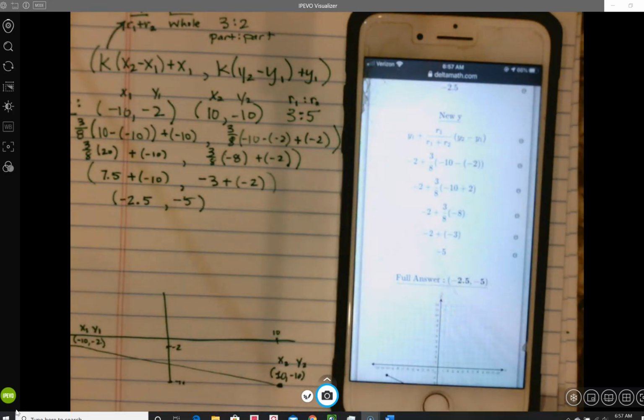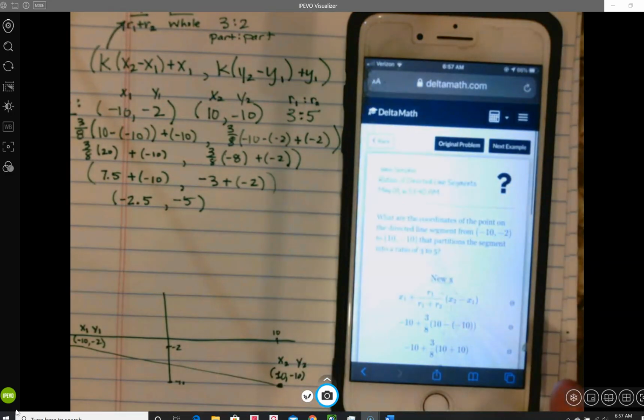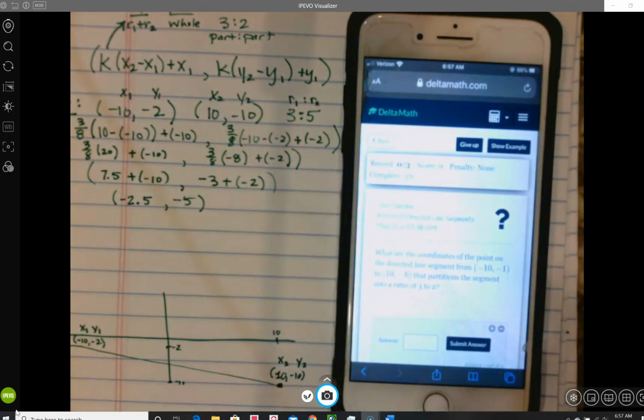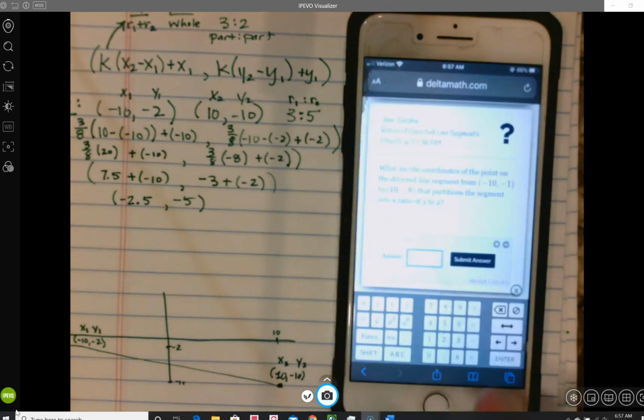So that is an example of how you work out a ratio of a directed line segment problem. So you can go back to the original problem and then you'll plug in the numbers that you're given there, and when you give your final answer, you'll make sure to put in, so when you click the answer button, you're going to come up with this fancy calculator here.